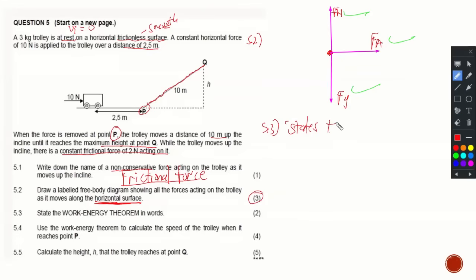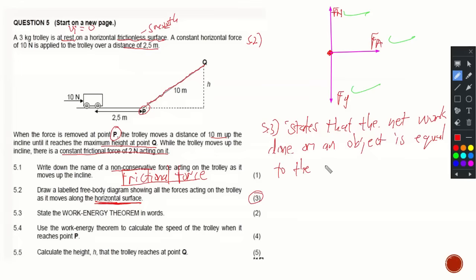So it states that the net work done on an object is equal to the object's change in kinetic energy. That's it. So it states that the net work done on an object is equal to the object's change in kinetic energy.